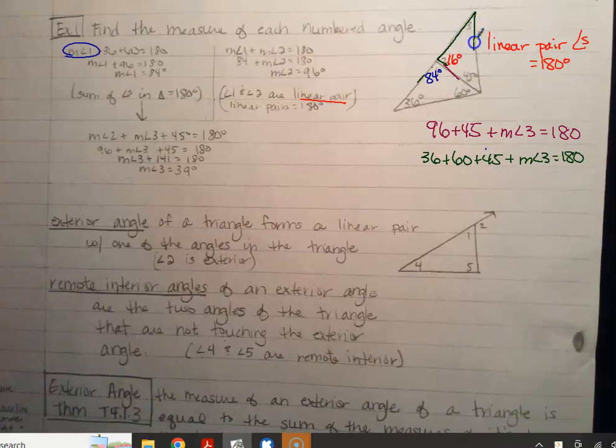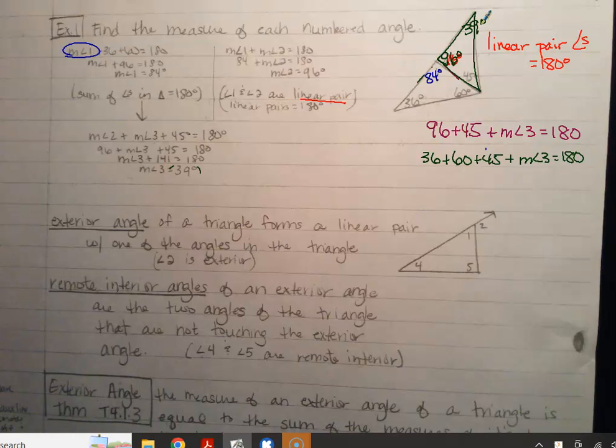Okay, so I chose this one, the 96 plus 45 plus the measure of angle 3, and I found out that the measure of angle 3 is 39 degrees. But again, looking at the relationships, are they linear pairs? Are they all the angles of a triangle?